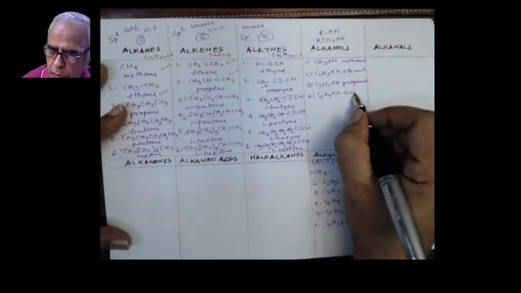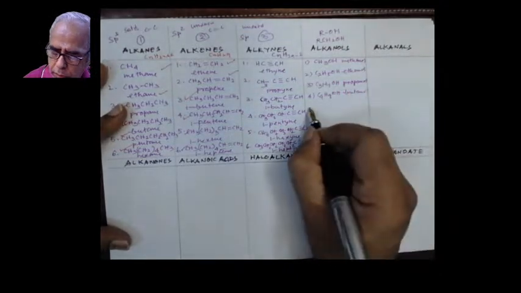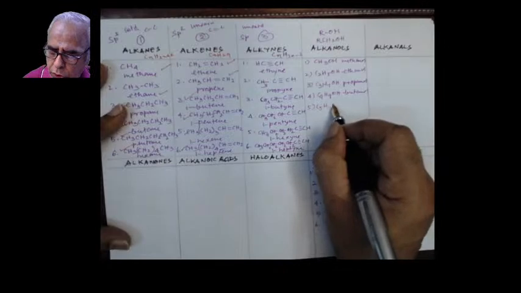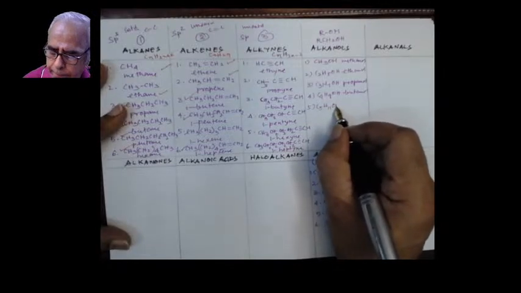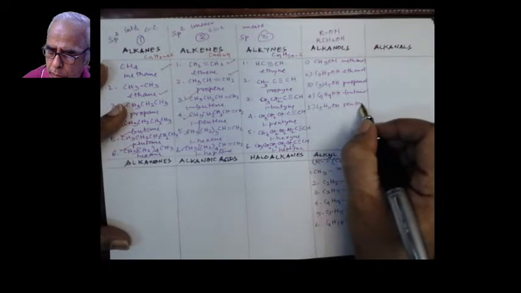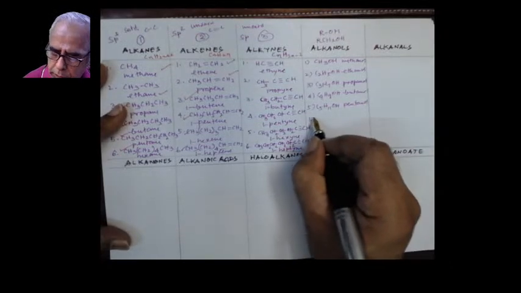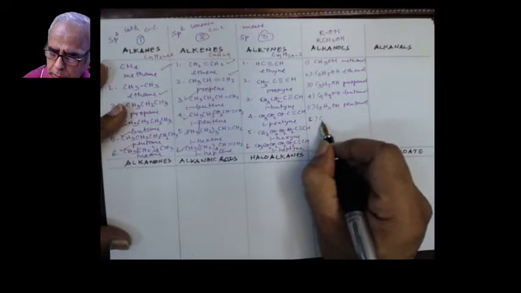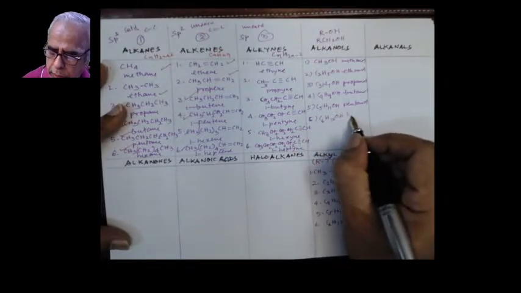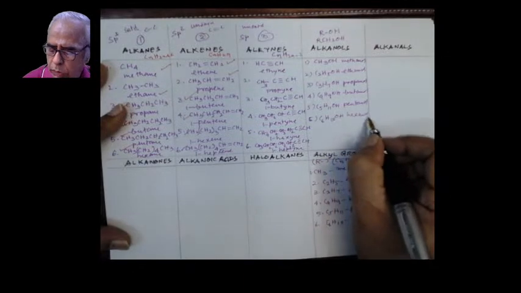C4H9OH, butanol. C5H11OH, pentanol. C6H13OH, hexanol. Okay.